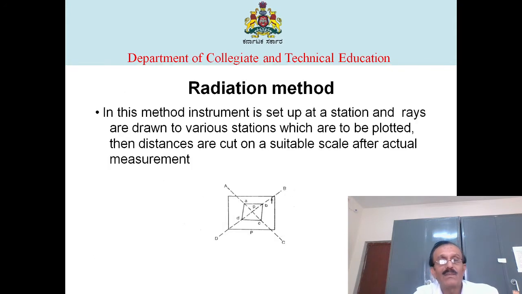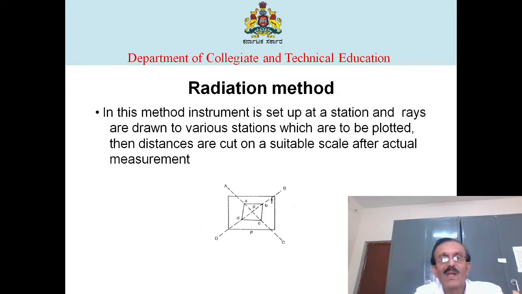The radiation method is used when a small scale map is to be prepared. That means if all the stations are accessible from the plane table station, then this can be used, so that all the points can be sighted and the measurements can be taken.